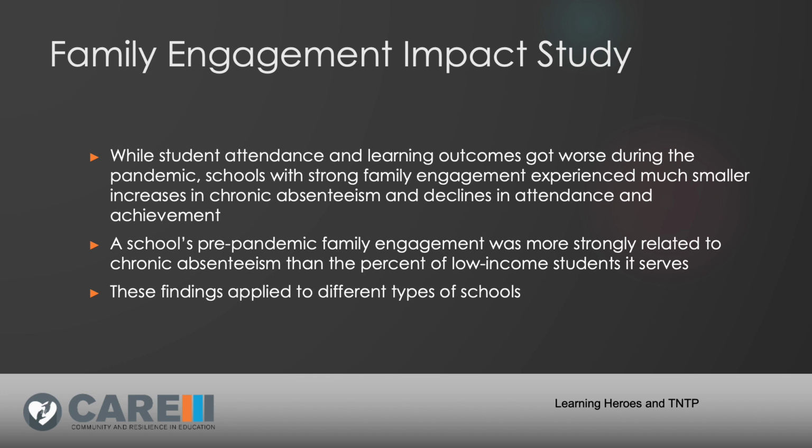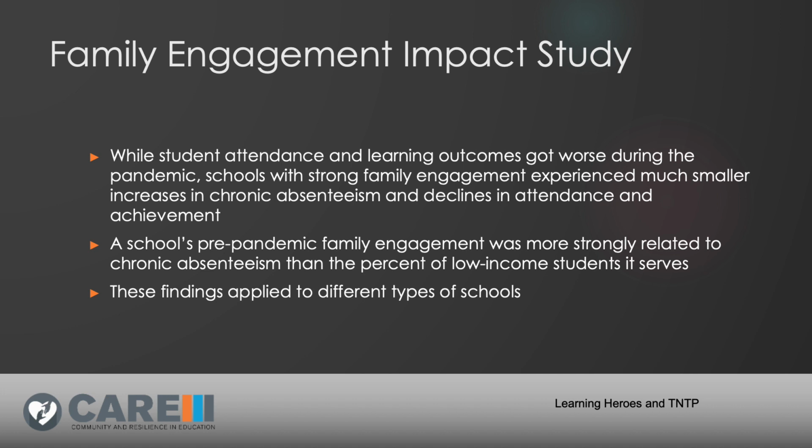And then the other thing that they found was that a school's pre-pandemic family engagement was more strongly related to chronic absenteeism than the percent of low-income students it serves. So this is an important piece because I think sometimes schools discount families from low-income communities as perhaps not having time at the best case scenario to not caring at the worst case scenario.